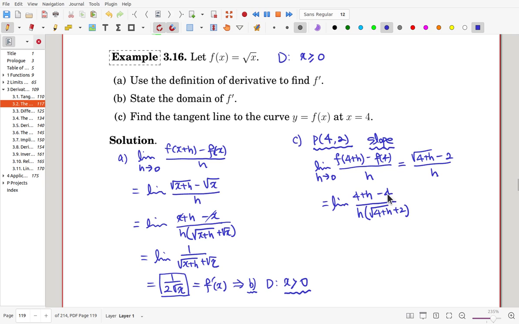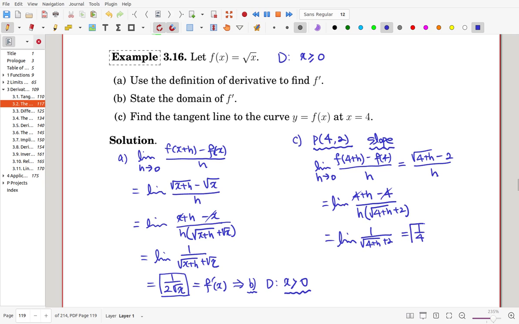4 and minus 4 will be cancelled out, and h cancels out, so that we now have the limit of 1 over square root of 4 plus h plus 2. Once h is approaching 0, the square root of 4 is 2, so 1 over 2 plus 2 is 4.